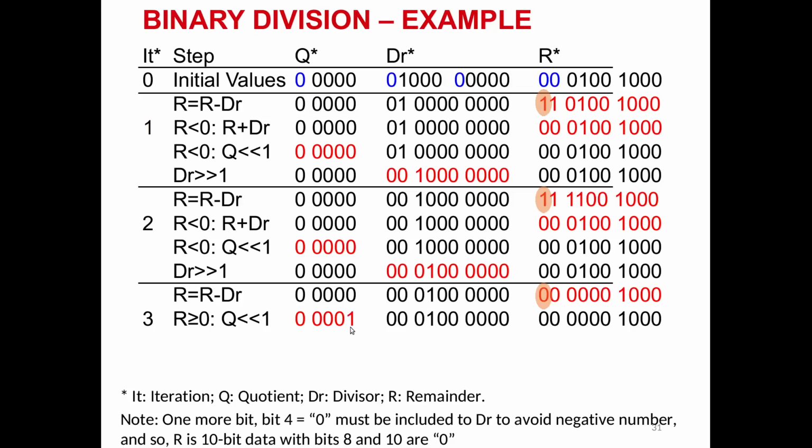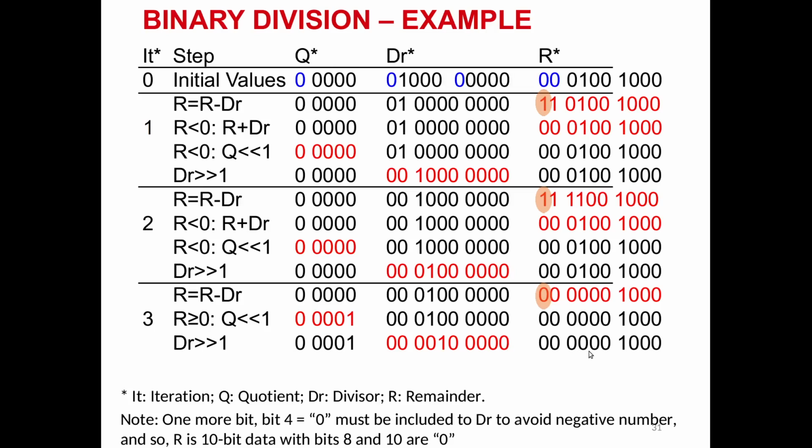So 1 is added here to the least significant bit of Q, while all other bits shift 1 to the left, making Q equal 0 0 0 0 1 now. And then we must shift DR 1 bit to the right, making DR change to 0 0 0 0 1 0 0 0 0 0, and R is still the same.